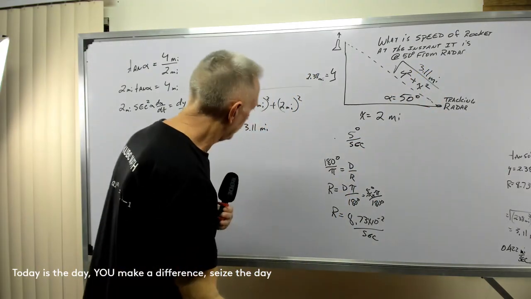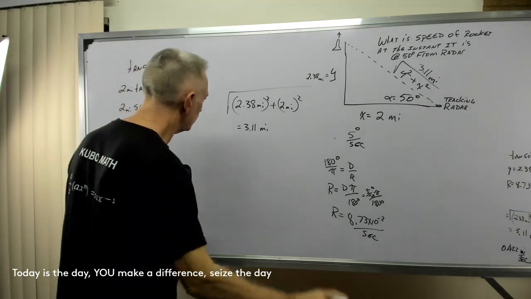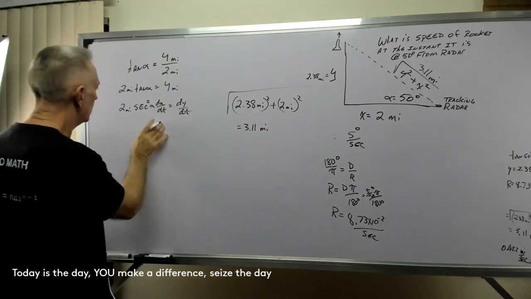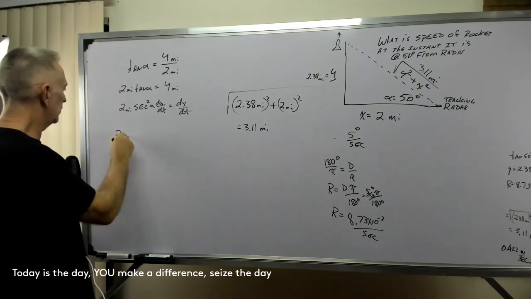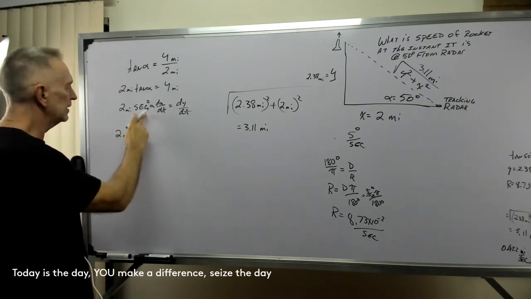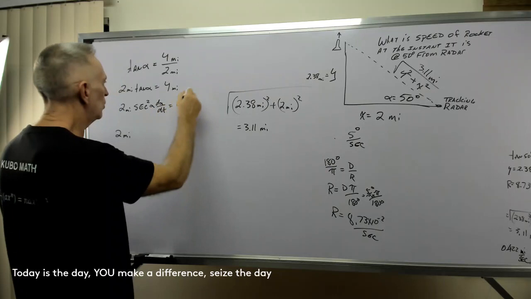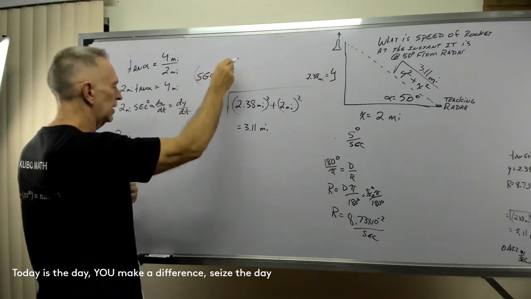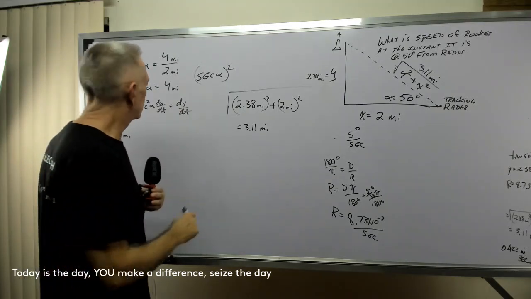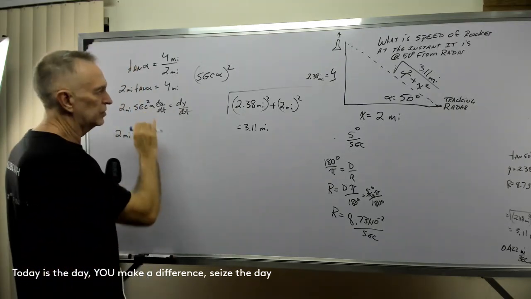All right. So now then, we could plug everything in here. I believe we have it all. So we have 2 miles times secant, and you know this is secant alpha squared. That's sort of an odd nomenclature there.